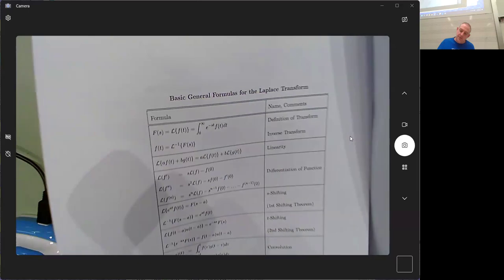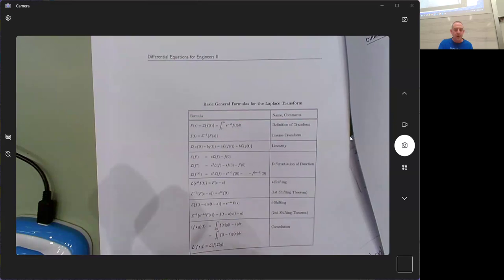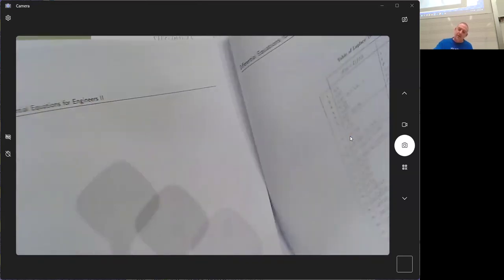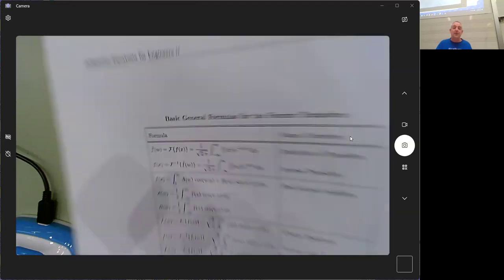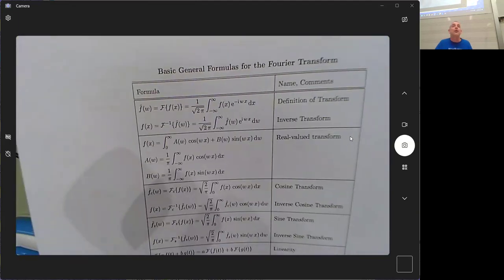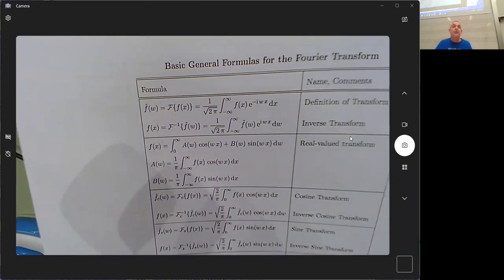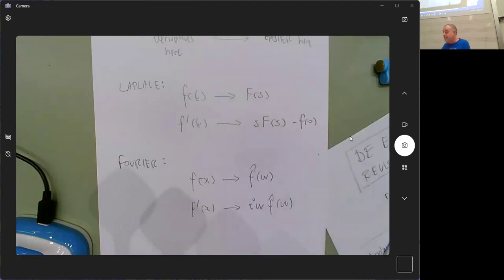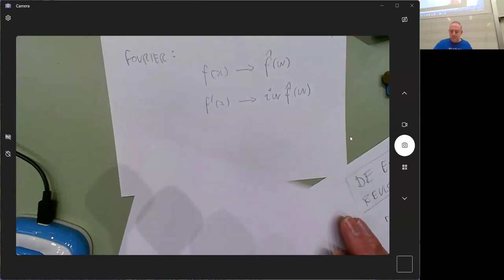The Laplace transforms have a table of theorems, and a table of this function on this side becomes this function on this side. Whereas the Fourier transform just has a table of theorems. It doesn't have what functions become what functions, which is weird to me. And that's why they're more confusing, because you haven't got a list of what to do with things. You have to do the integrals every time.